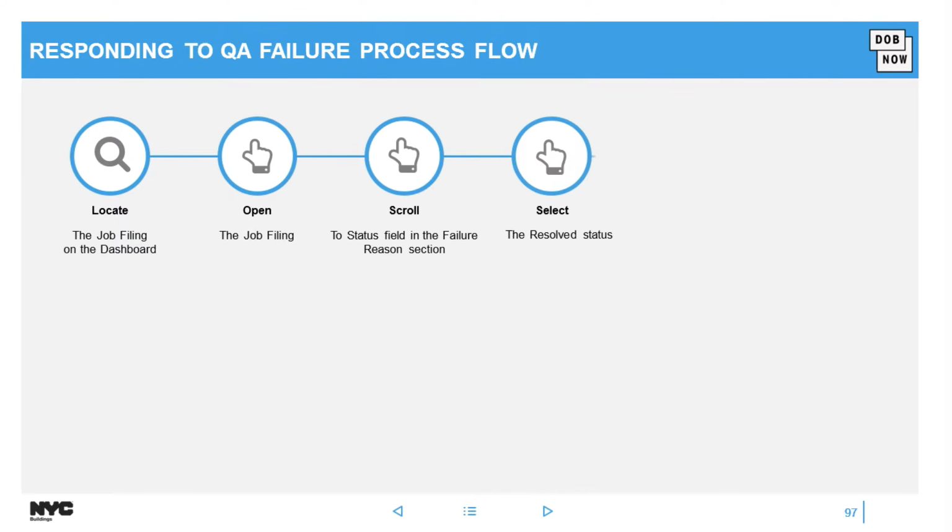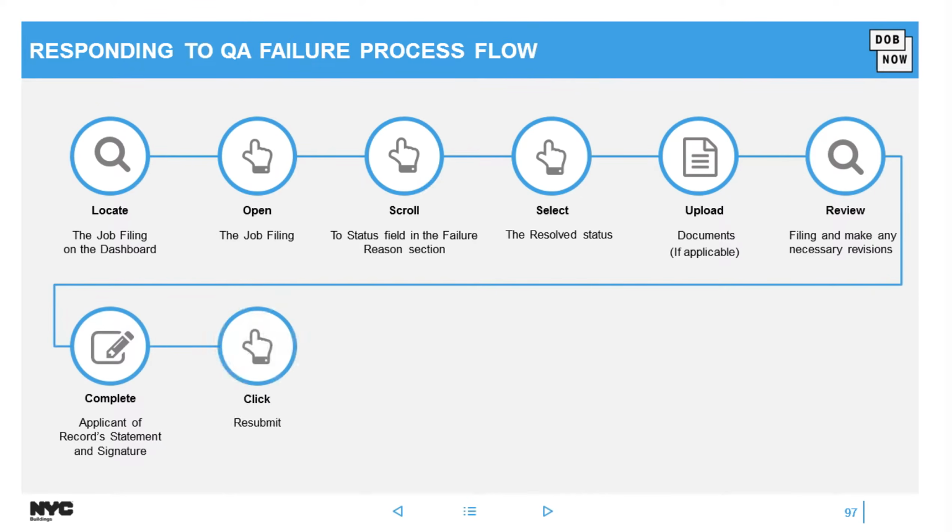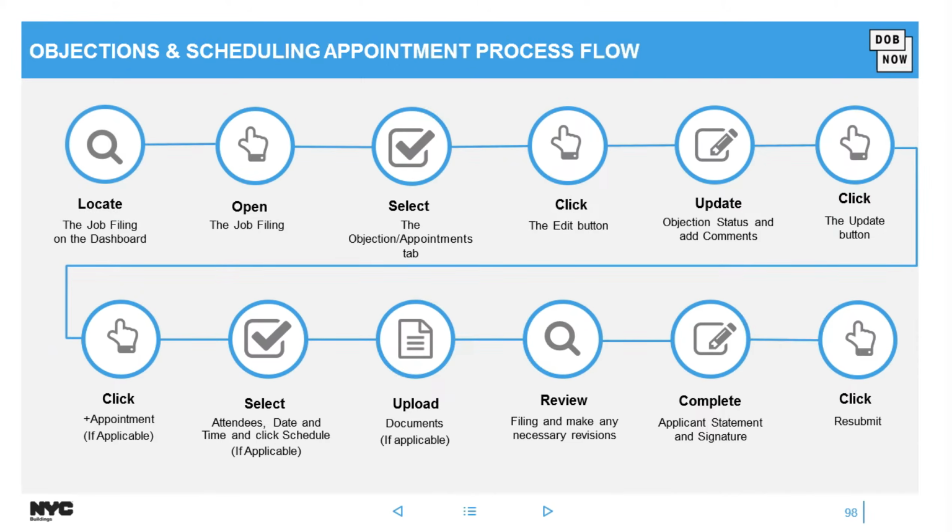Because I don't have a video for that, you're going to locate the job filing, open it, for QA failure that is, and at the bottom you would see a little window appear with the reason, and you would change it to resolved if resolved, and do your changes and then click resubmit. For objections, you would head to that tab that I just showed you, and you would go to the objection and you would toggle the status and click resubmit.